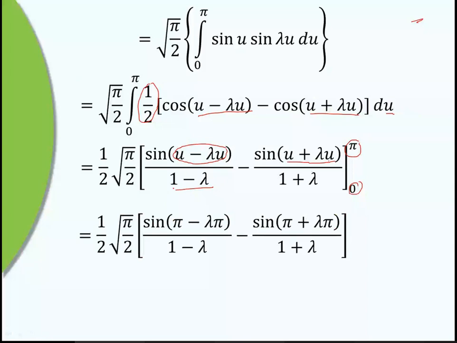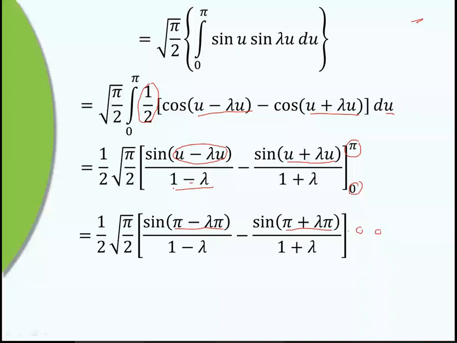So at the upper limit, we get sine of pi minus lambda pi divided by 1 minus lambda, minus sine of pi plus lambda pi divided by 1 plus lambda. At the lower limit, both terms are 0.